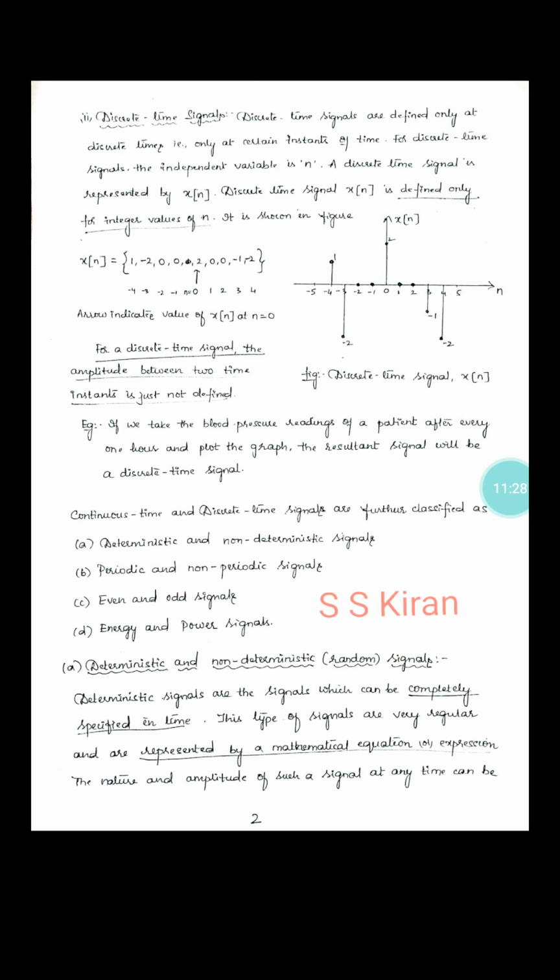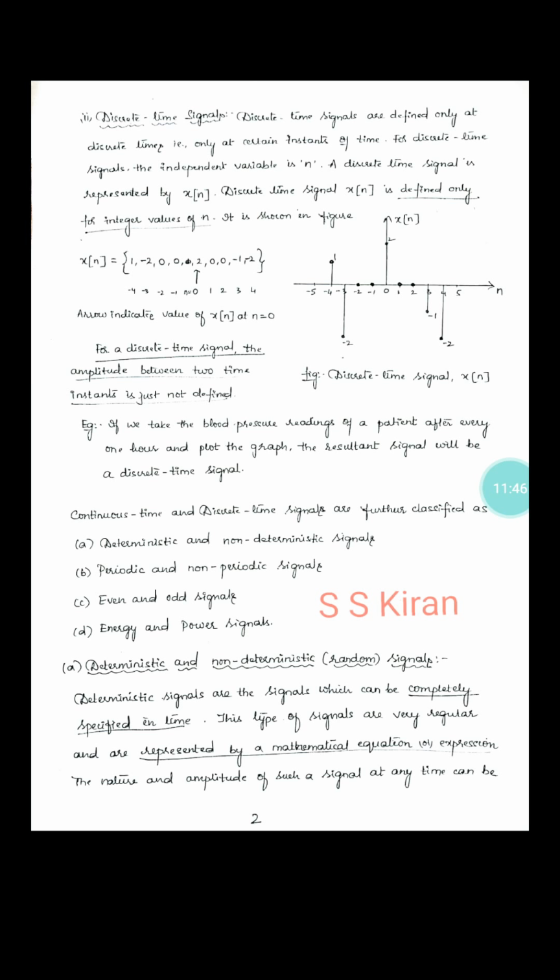First we concentrate on deterministic and non-deterministic signals. Non-deterministic signals are also called random signals. Later we will see why it is called a random signal.